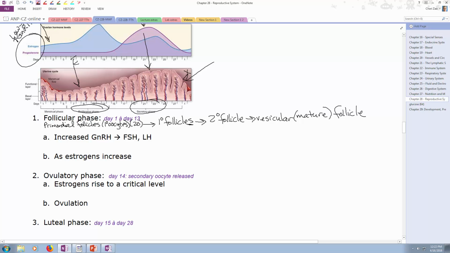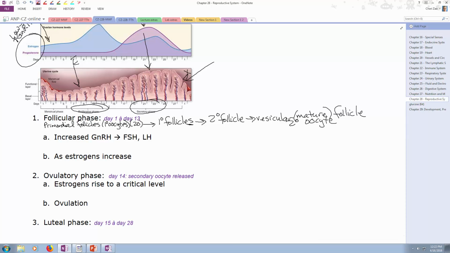If you are a mature follicle, right before you're ovulated, the egg in the middle, the oocyte, becomes a secondary oocyte. And remember, secondary oocyte goes into meiosis II and gets stuck in meiosis II.